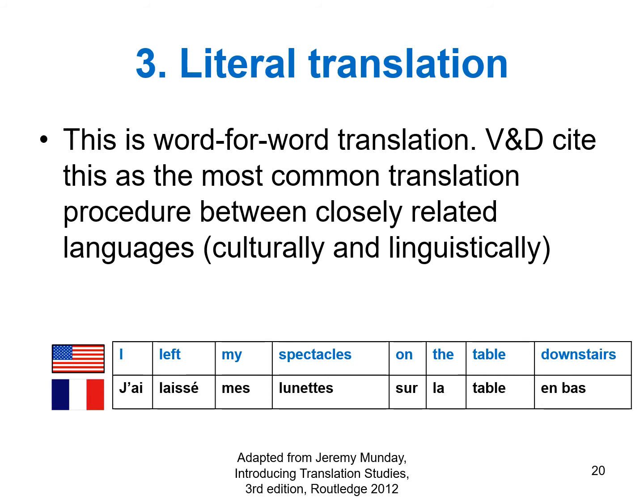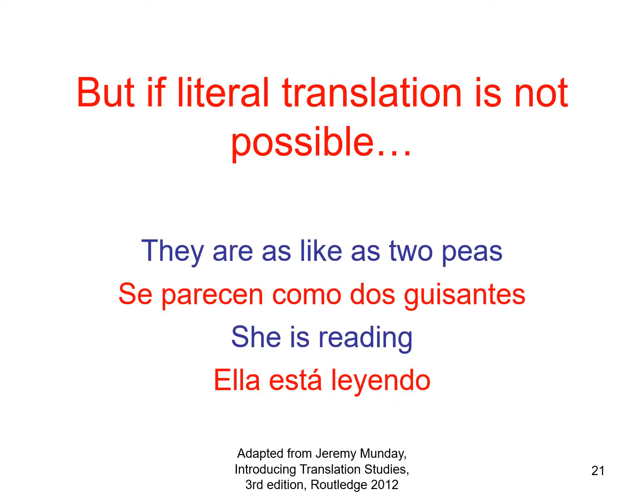We follow them word for word with the same order. So when we try to apply these procedures, and we try to translate word for word, languages that may depart from one another culturally and linguistically quite a bit might not be suitable for this strategy. So Vinay and Darbelnet in this case argue that we may have to apply different strategies as translators.